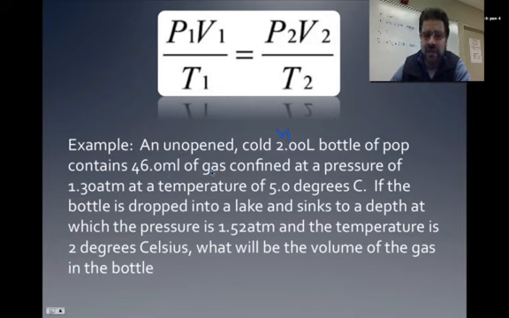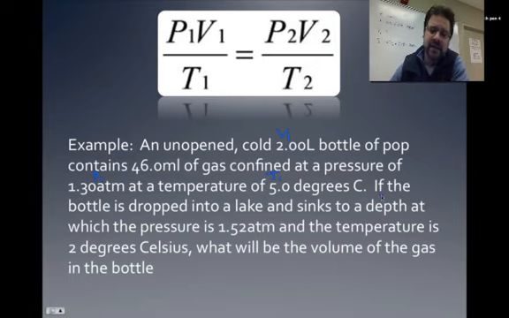Now, although that's an extra number, we're not going to use it in this problem because we do have the volume of the container already. The first pressure given to us is 1.30 atm. Atmosphere should be a unit that you're pretty familiar with now, and seeing it you should be thinking pressure as soon as you see it. Temperature is going to be 5 degrees Celsius, so we're going to have our first temperature there, our T1.